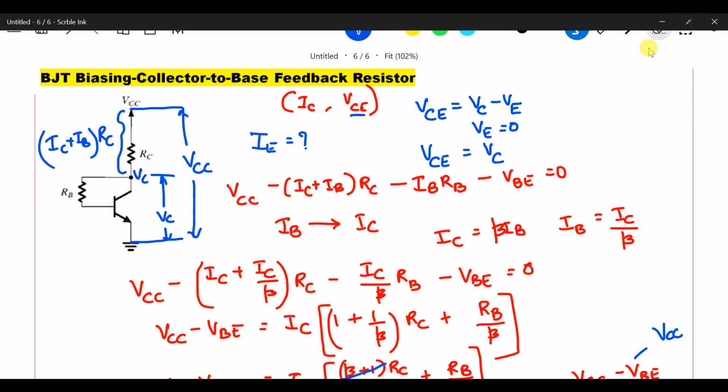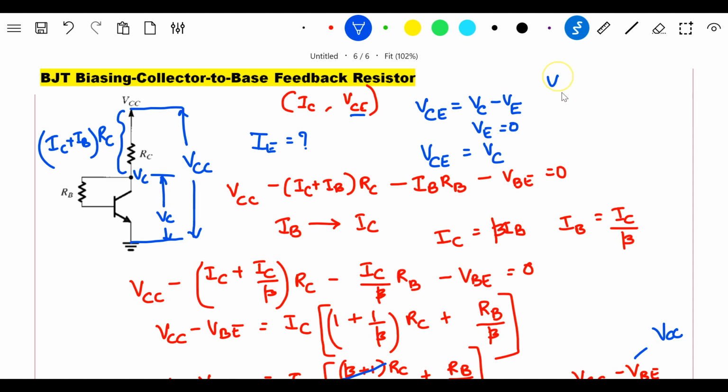Therefore, I can easily say that VC equals VCC minus IC plus IB into RC.